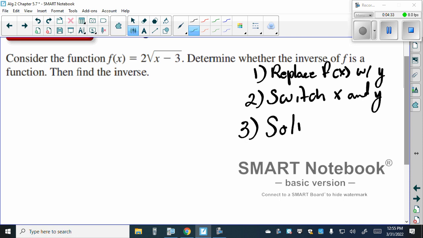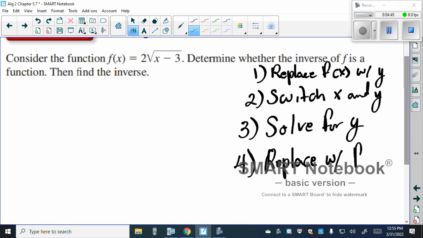Third step is to solve for y. And the last step is to replace y with f inverse of x. So these are the 4 main steps that we have.